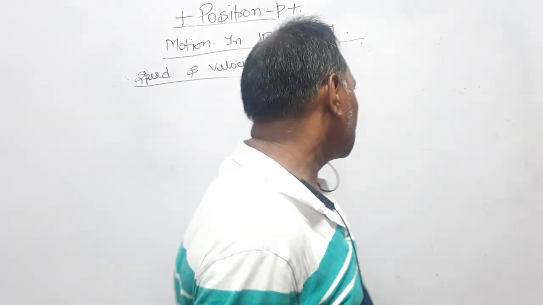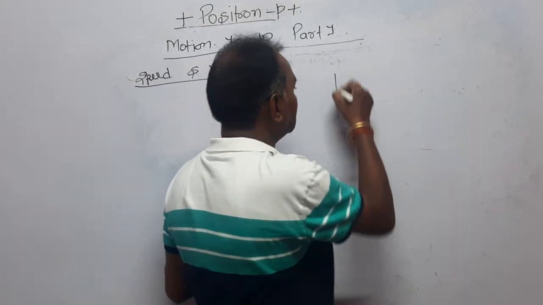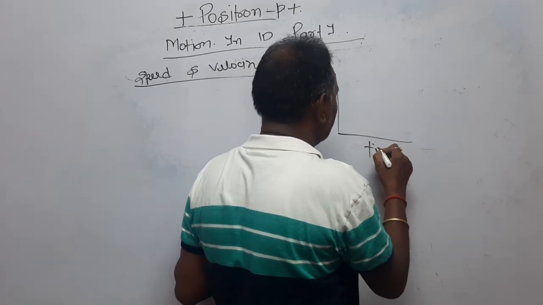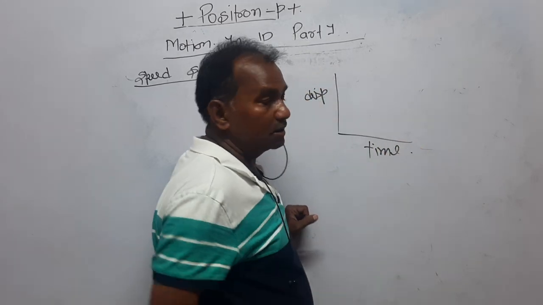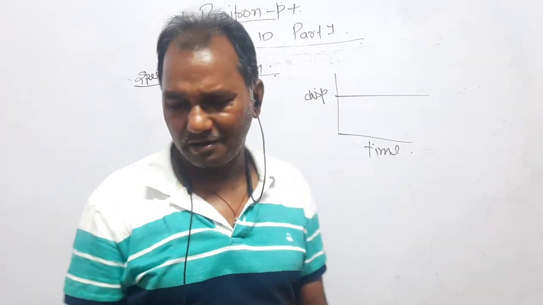But the graph should be between displacement and time. Dear students, I have said this was the displacement and this was the time, and this graph was representing that the body is at rest.